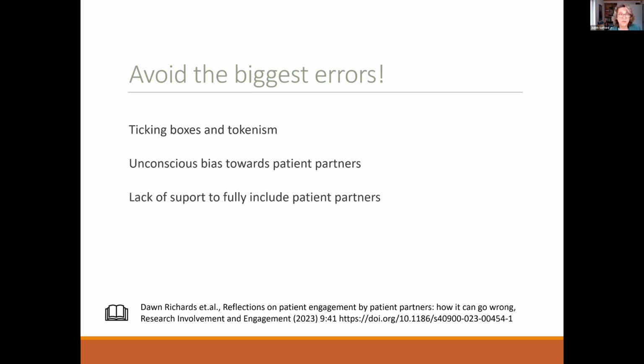Patient partners often do need support, and a different sort of support than a fully integrated researcher in a team or a clinician in an institution. I'll go into that in more detail, but it's both physical and psychological support. And you have to recognize that there are differences.